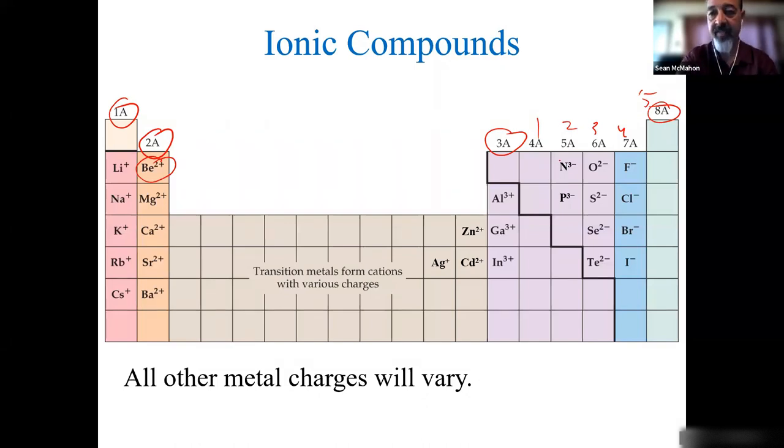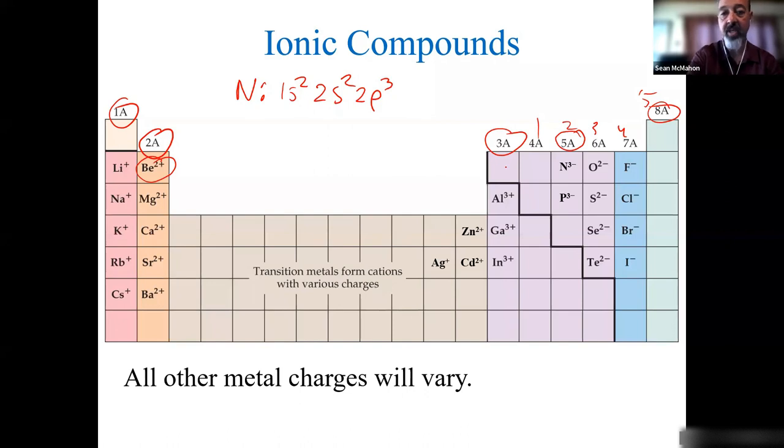Once we get to 5A, nitrogen has 5 valence electrons. How do I know that? 5A. What are the 5 valence electrons? Well, if I wrote the electron configuration for nitrogen, it would be 1s2, because the first 2 electrons go in the first energy level and the s sublevel, and then you would go 2s2, 2p3.